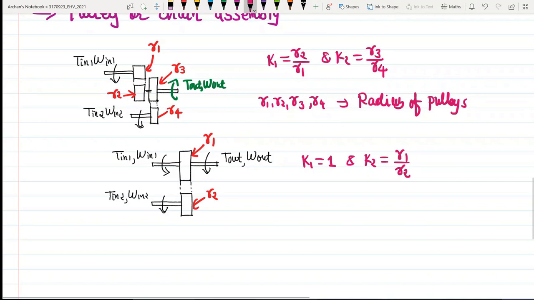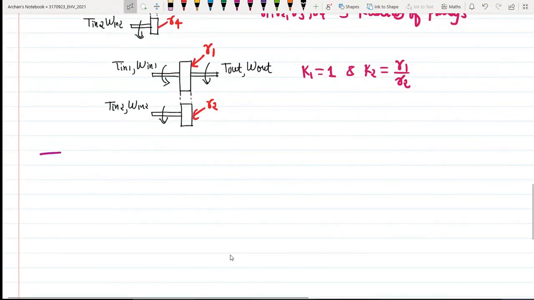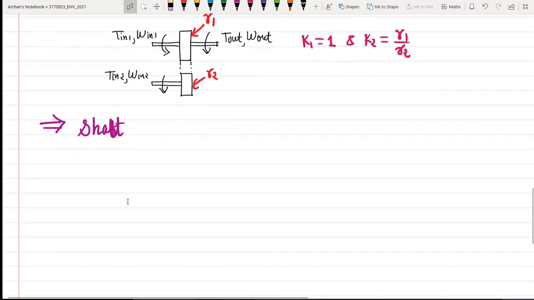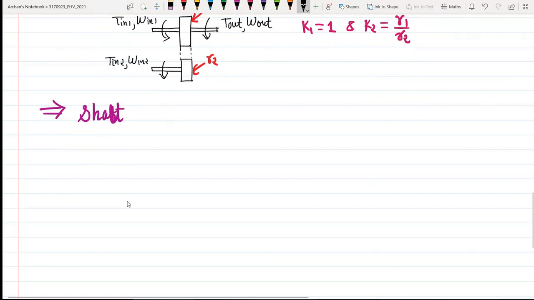Similarly, there is a third possibility, which is nothing but the use of shaft. Okay. So we may have seen frequent applications of this shaft, specifically when we talk about the electrical motors. We have seen number of electric motors directly connected to the shaft. So in this case, whenever we are talking about the shaft, what is the advantage? The values of K1 and K2 will be equal to 1 in this particular case.